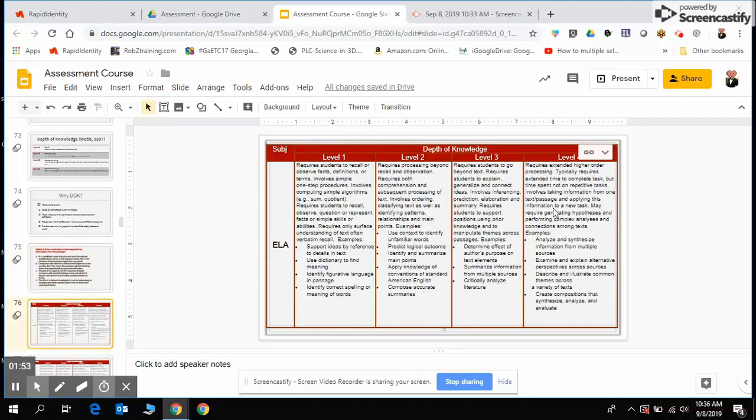There are more than just ELA and math, but we're just going to look at ELA and math right now. You can find the science and social studies depth of knowledge online. Okay, so ELA, and of course they're pretty much basically the same, is the idea of recall and then slowly getting to performance tasks. So let's look at this ELA one, and I'll show it to you right here. You can pause it and then look at it.